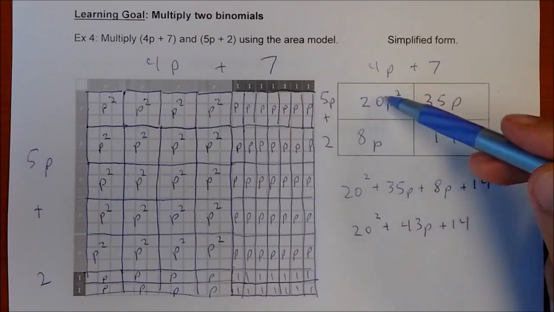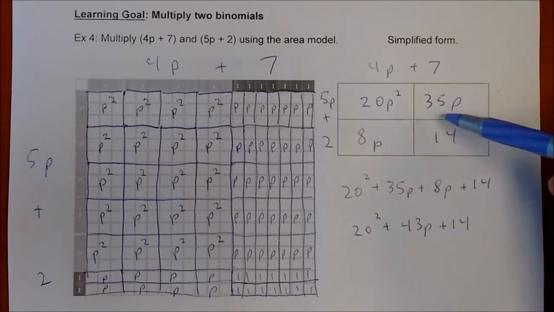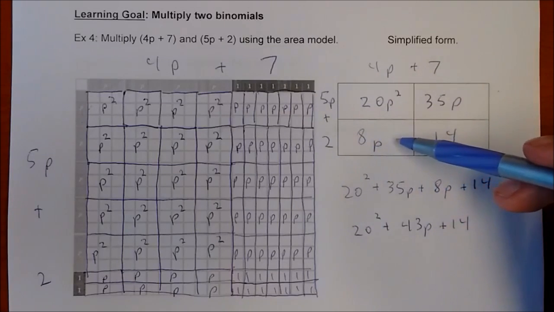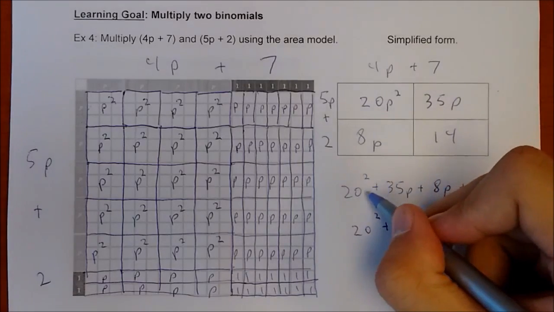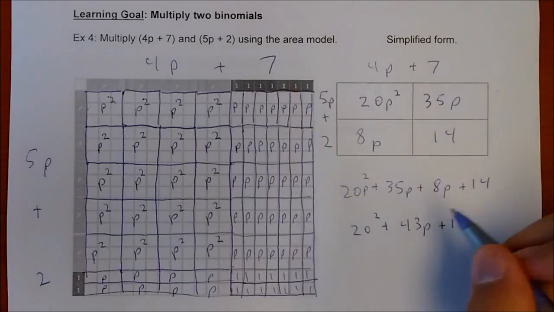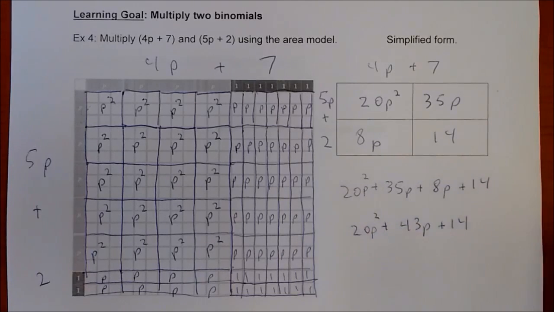So 4p times 5p was 20p squared, 5p times 7 was 35p, 4p times 2 was 8p, and 7 times 2 was 14. And then we finally have 20p squared plus 35p plus 8p plus 14, which simplifies to 20p squared plus 43p plus 14.